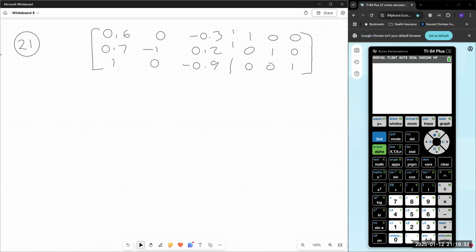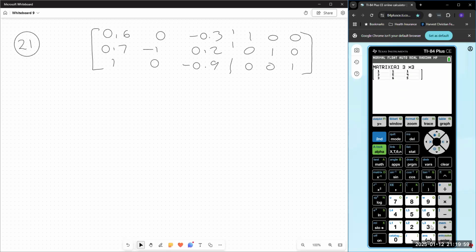And this is not a technology problem in the textbook, so I'm not just supposed to throw it in and hit the inverse button and get the answer. I'm supposed to be using elementary row operations here. So the first thing I want to do is use that 1 that's already in column 1 by switching, say, row 1 and row 3. Let's go ahead and get this in here, though.